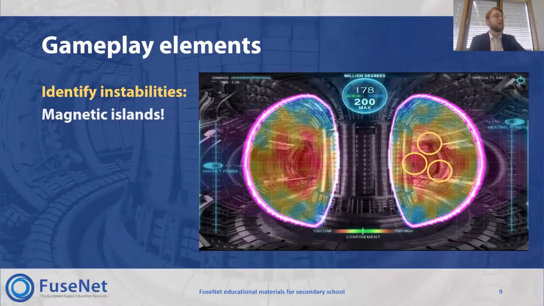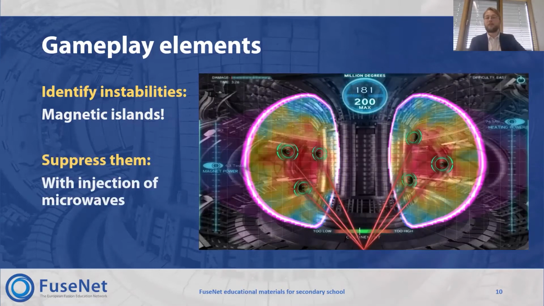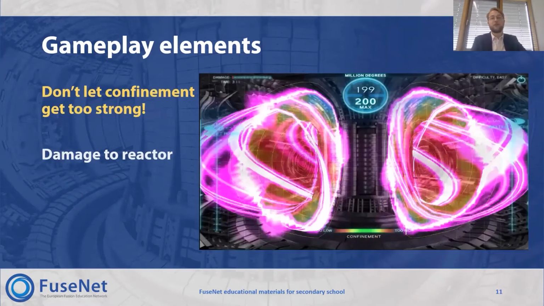And they are very real instabilities that lead to a lot of bad things happening in a tokamak. So you then need to suppress them by tapping on the screen at the magnetic island. And then with injection of microwaves, we can suppress these instabilities, which is also what we do in real life, except for the tapping on the screen bit.